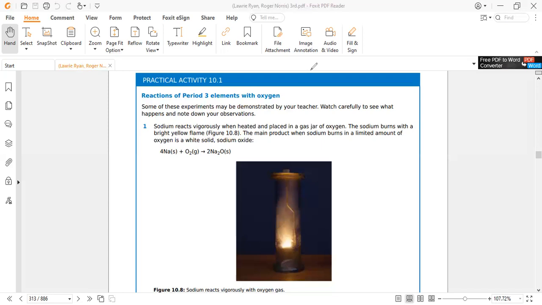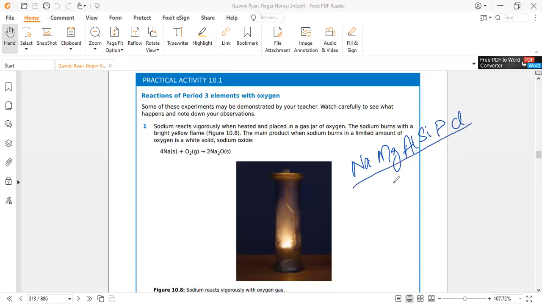The first lecture of periodicity and period 3 elements was about the physical properties. And today we are going to discuss the chemical properties of period 3 elements. We are just interested in the period 3 elements, sodium to chlorine, starting from sodium, then magnesium, aluminum, silicon, phosphorus, and chlorine.